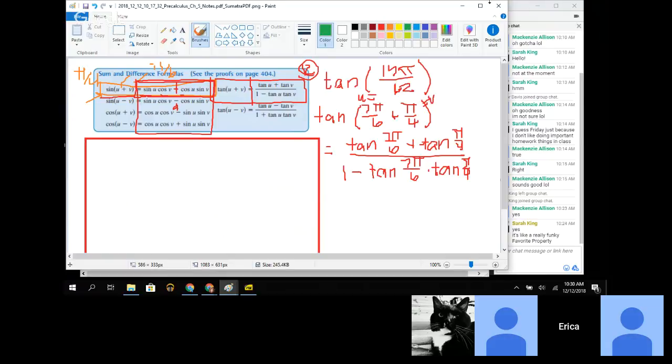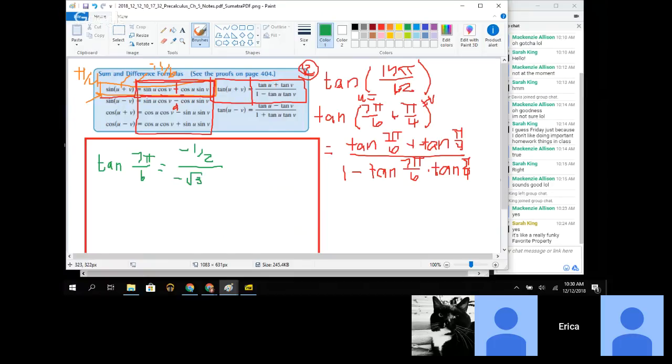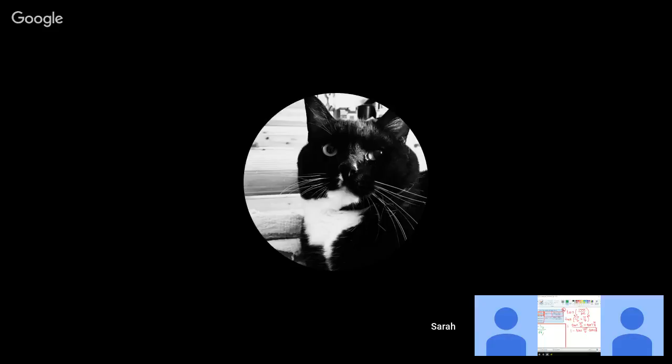All right, so let's look at what is the tangent of 7 pi over 6. Well, remember the tangent is the sine over the cosine. So the sine of 7 pi over 6 is -1/2, and the cosine of 7 pi over 6 is -√3 over 2.